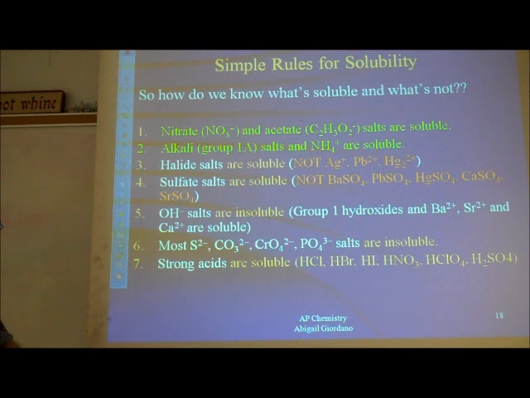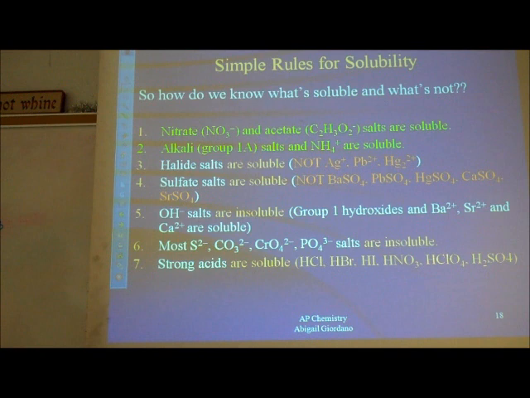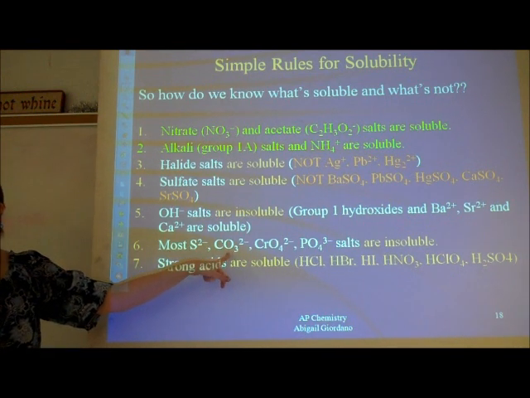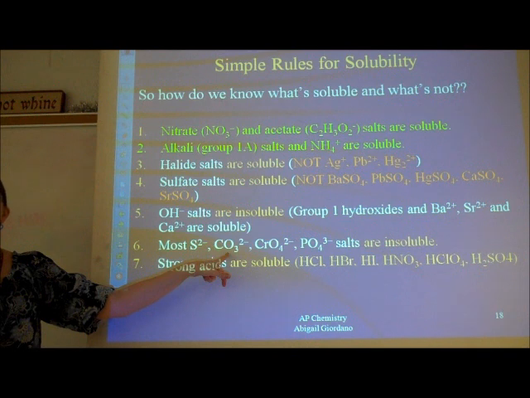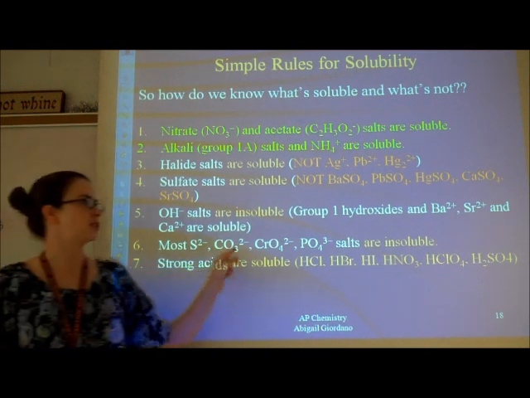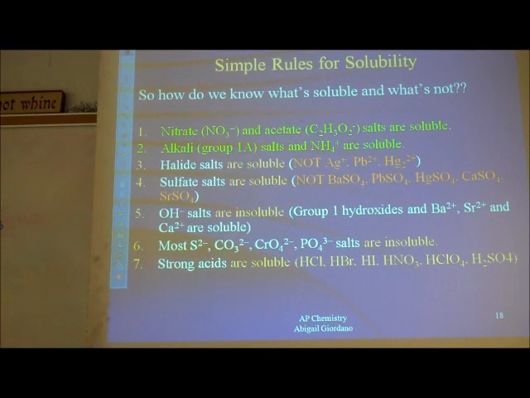Okay, she says soluble because it has a group 1 metal in it. Good argument. Who's got a different argument? Austin. Yeah. This rule says most carbonate salts are insoluble. We have conflicting information here. Okay?